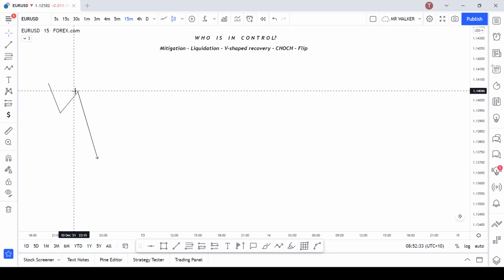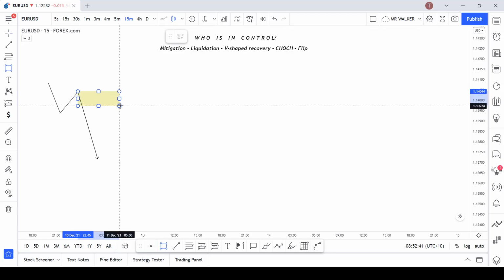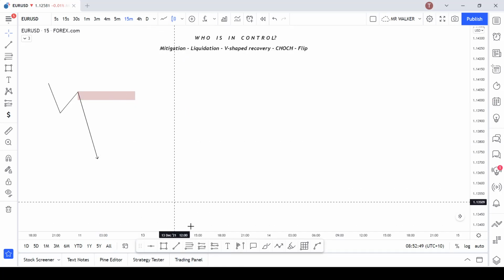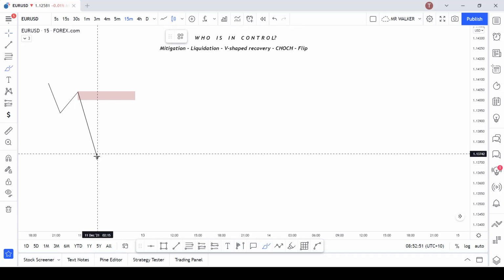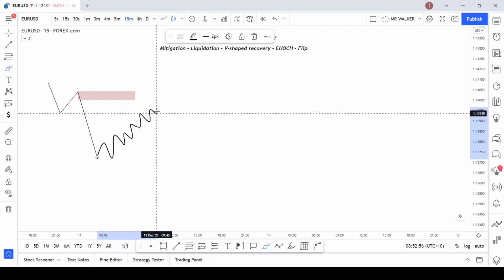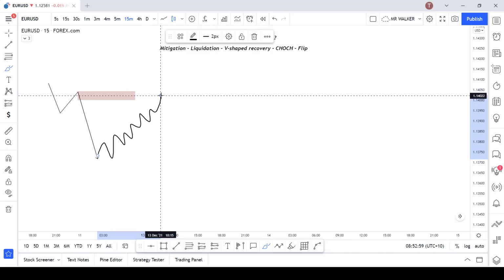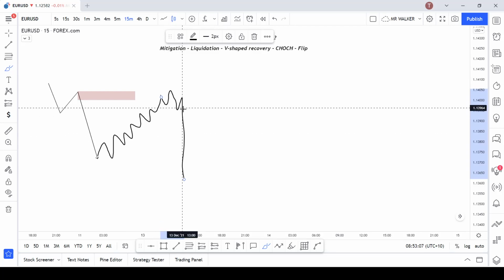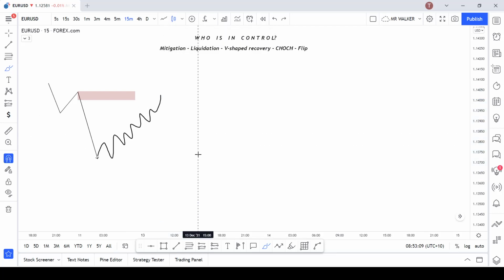What I want to see from movements like this is that we have supply in here, and the anticipation is that we will somewhat correctively get into the supply, mitigate it, show some lower time frame intention to the downside, and then go to the downside, right?